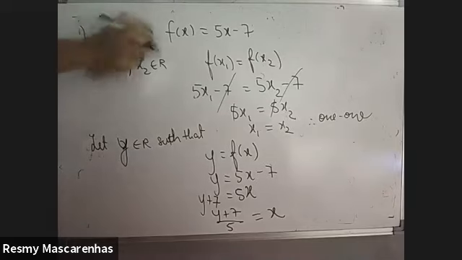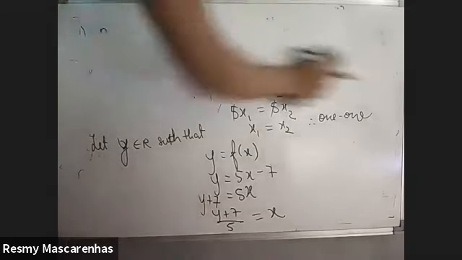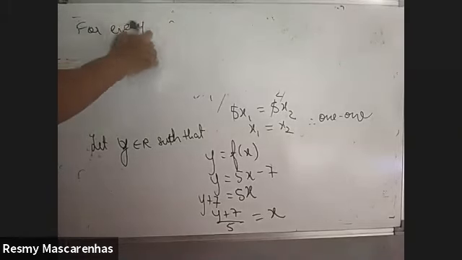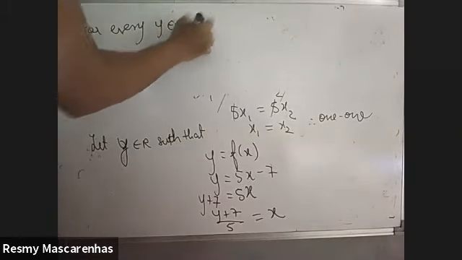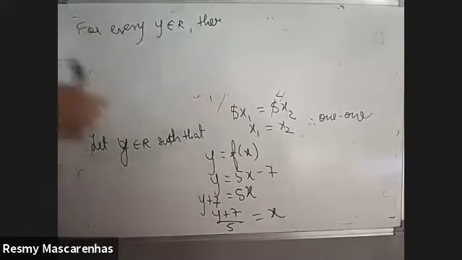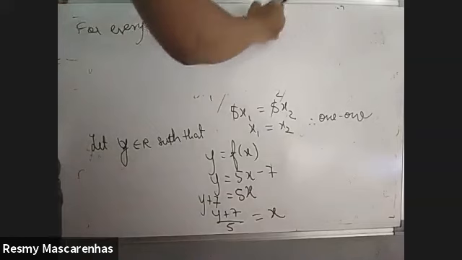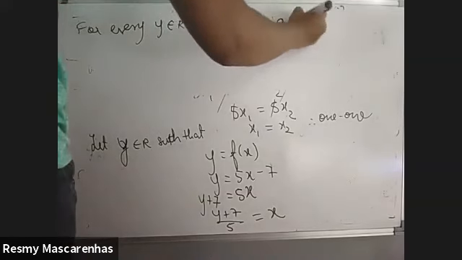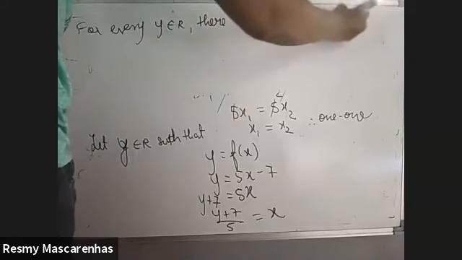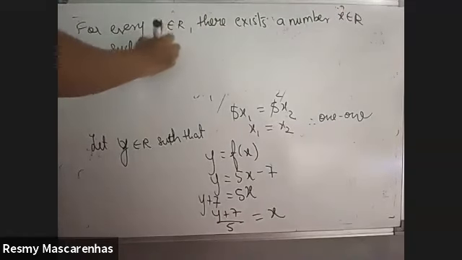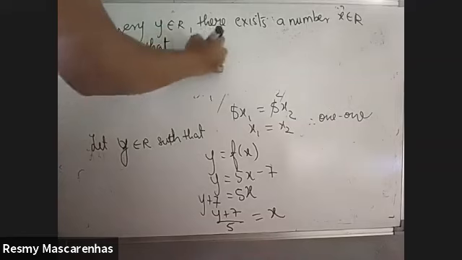This is the fixed sentence: for every y belonging to R, there exists a number x belonging to R such that, write the main question again.